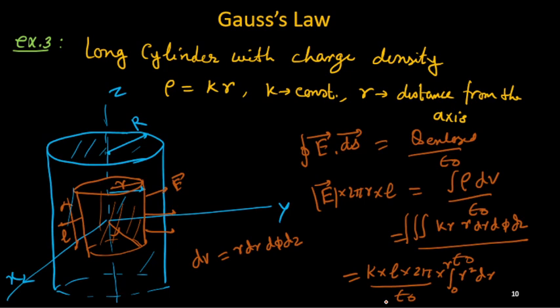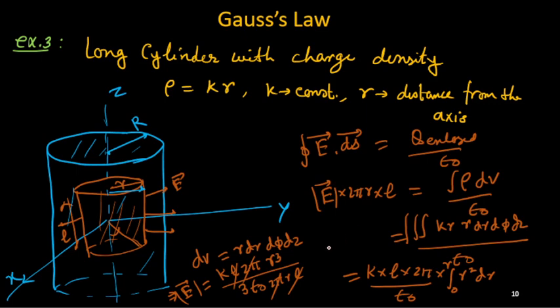Is it okay? I think we have got this one. So what is the expression for this one? This is r cube by 3. So can you see? This E vector, its magnitude will be k into L into 2 pi, and this is your r cube by 3, and this is epsilon, and now this we need to divide by this 2 pi r into L. So L will cancel out, and 2 pi will cancel out.